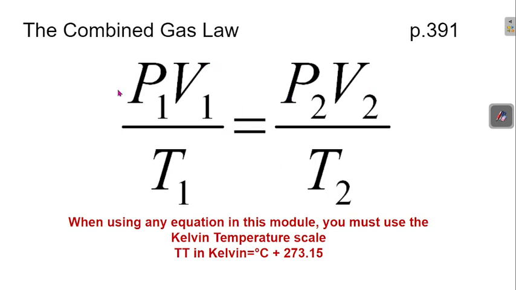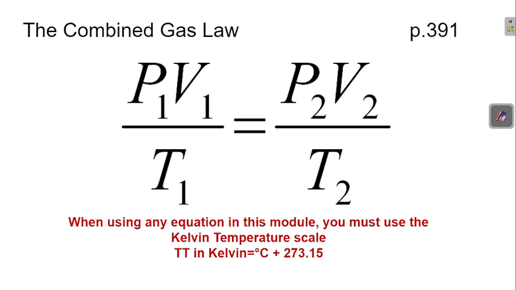So if you change one of them, the other two also will be changing. And this allows you to calculate whatever you're missing. So if you want to know if you change the pressure and the volume, how it affected the temperature. If you change the temperature, how it affected the pressure and the volume, and so on. Whatever you're missing, you can calculate with this combined gas law.